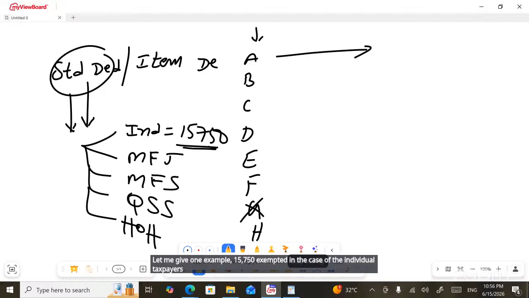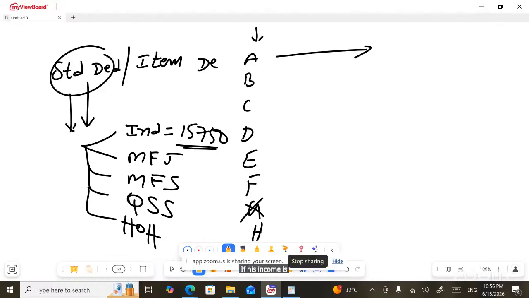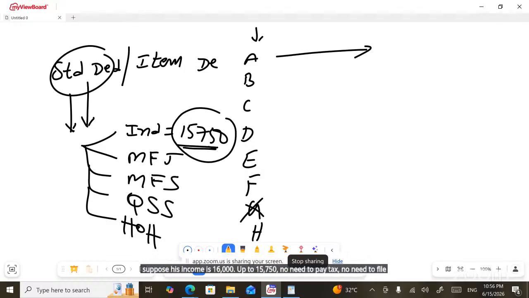If his income is just $14,000, he need not file a return and need not pay tax. Suppose his income is 15,750, then also it is not required. Suppose his income is 16,000. Up to 15,750, no need to pay tax or file the return, but on the excess part you need to pay tax.